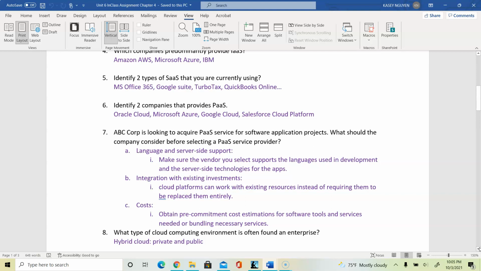Cloud platforms can work with existing resources instead of requiring them to be replaced, so it needs to transition smoothly from what the company currently has to incorporating the cloud PaaS service. Third, the company should consider costs, which would be a pre-commitment cost estimation for the software tools and services needed, or bundling necessary services. So these are some of the important areas that we need to look at when evaluating a PaaS service.